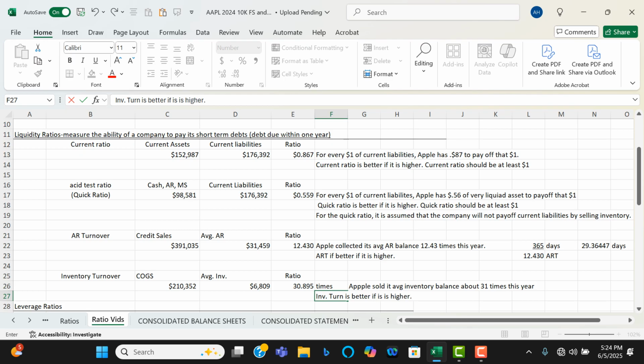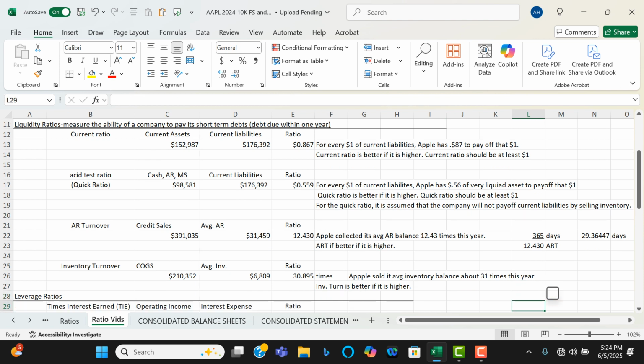And just like the accounts receivable turnover, you can compute this in terms of days. Let's go ahead and just finish here with that.